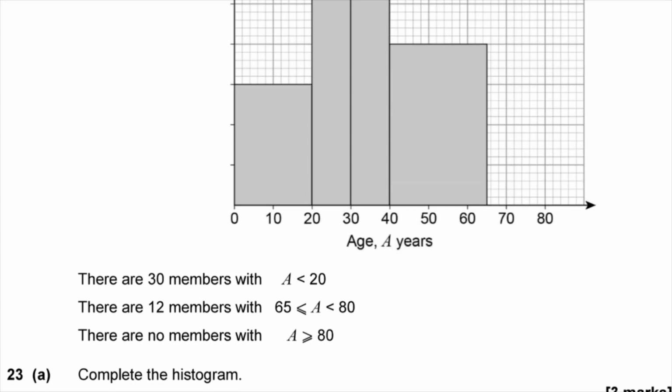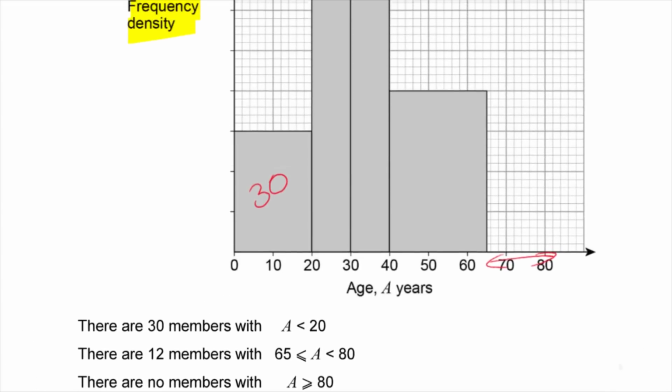There are 30 members with an age less than 20, so the area of this bar should be those 30 members. And we're told there are 12 members between 65 and 80. Interestingly, that bar has not been drawn on, so I suppose we have to add that bar in. And then there are no members beyond 80.